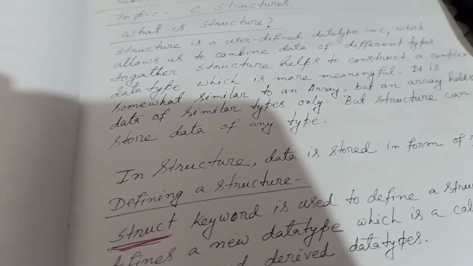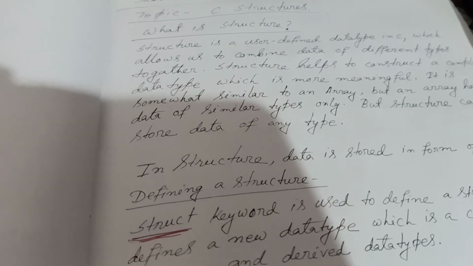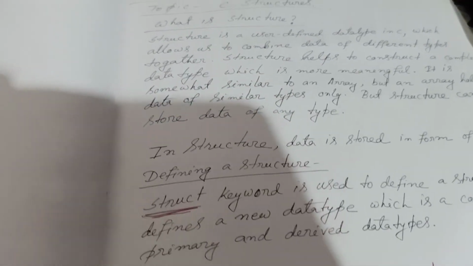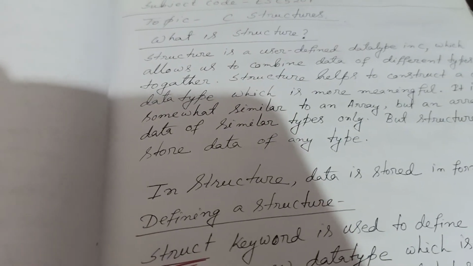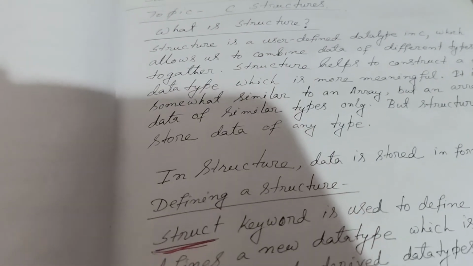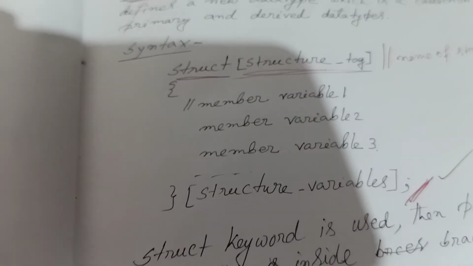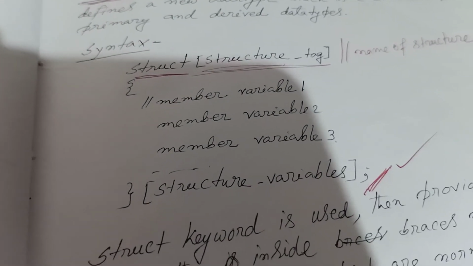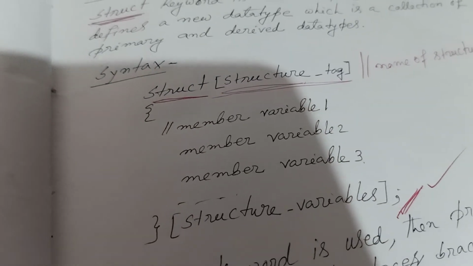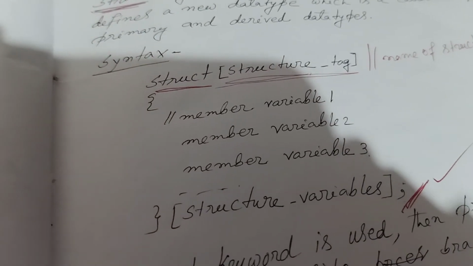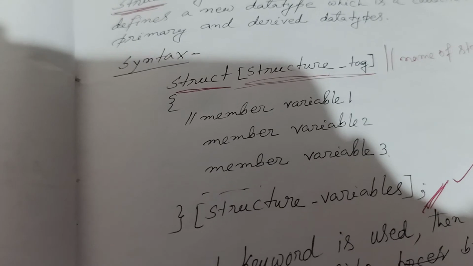Okay, and a function is not able to define records also. That's why we have to introduce this structure type, and this is the syntax of the structure.